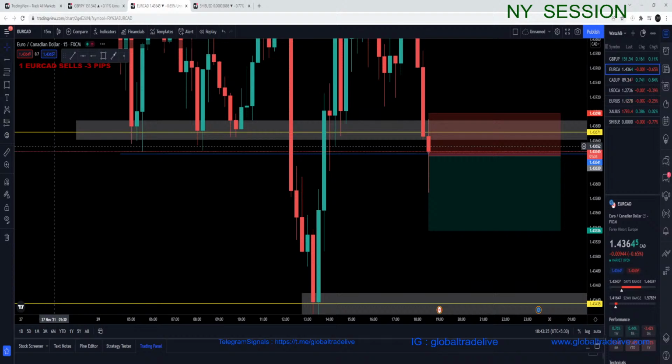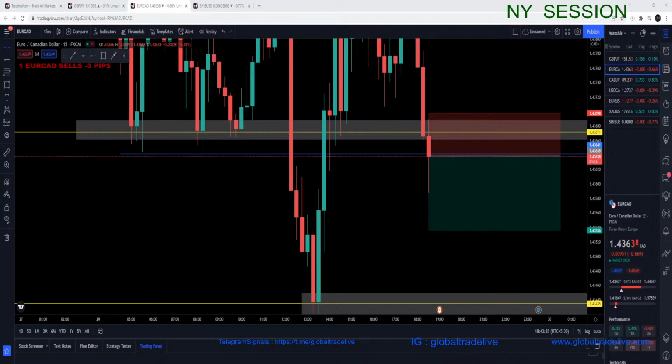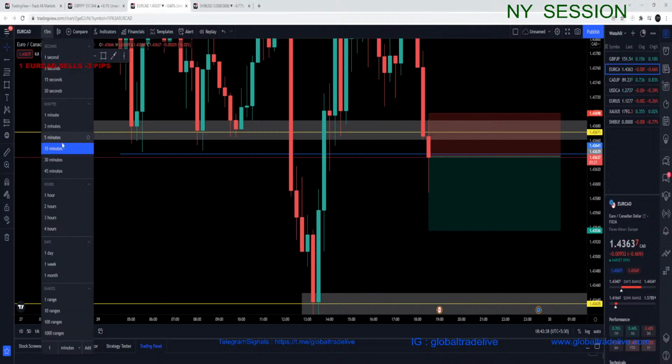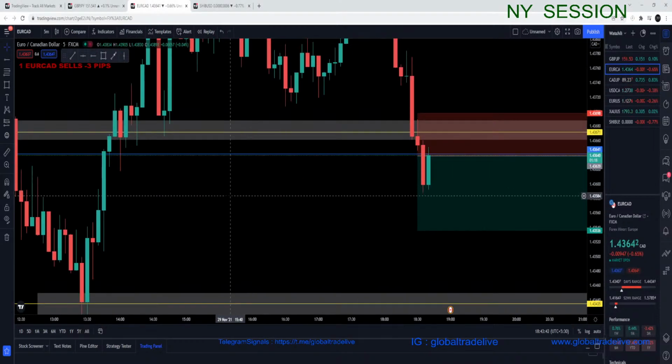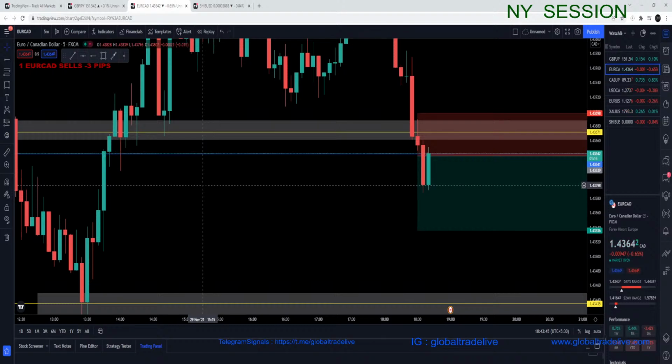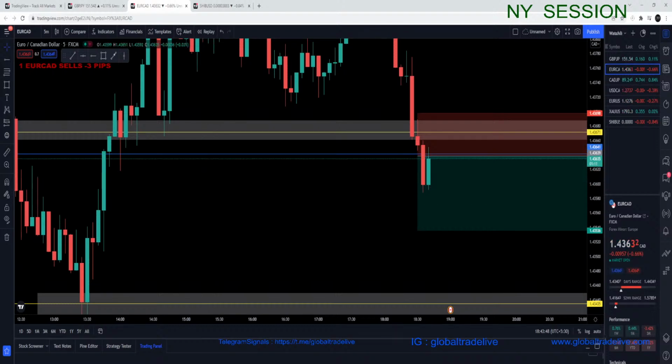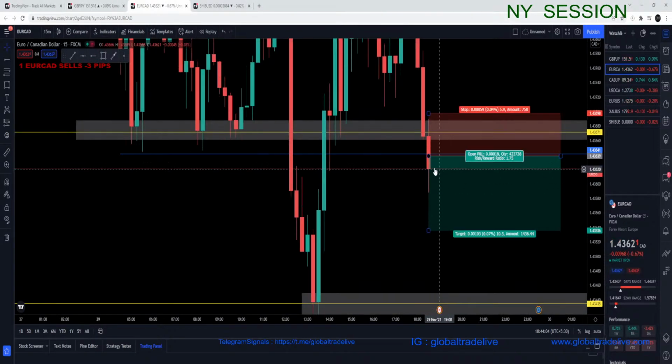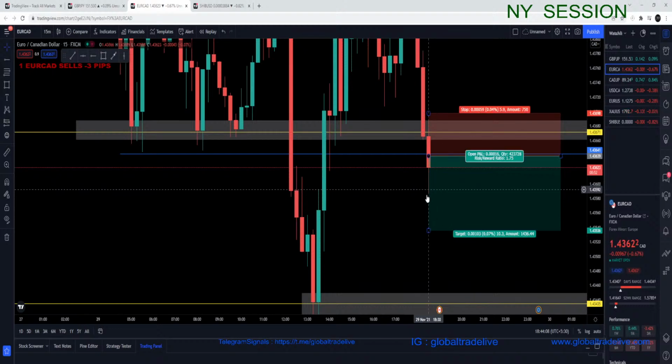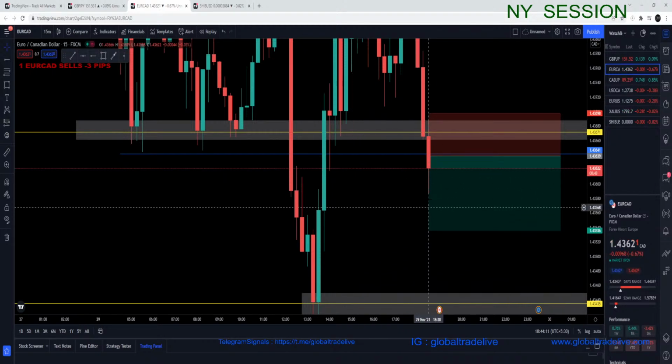Now in this last 1 minute, anything can happen. Let's have a look at the 15 minutes, because this 15-minute candle should come down and close strongly if there is really selling momentum in the market.